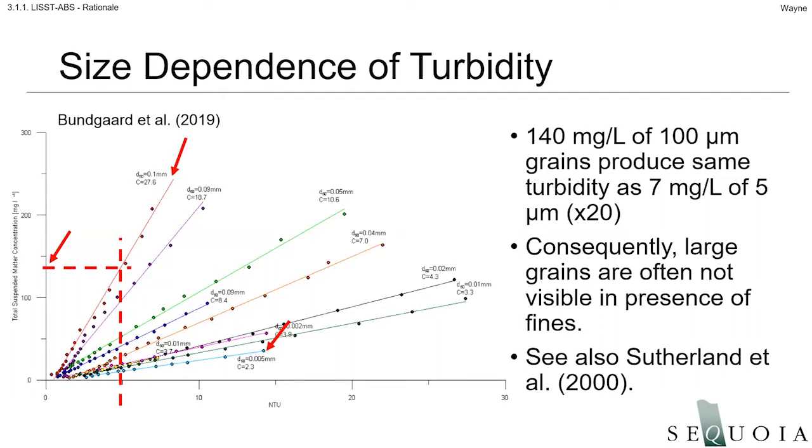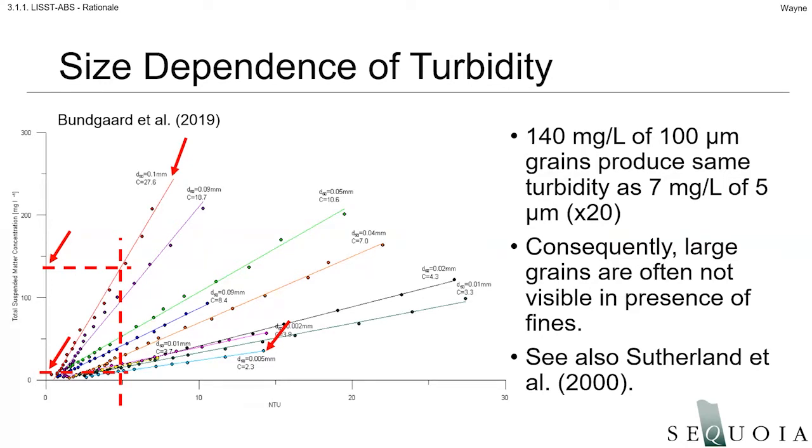If we then look over at 7 milligrams per liter on the y-axis and then go horizontally across to where that intersects the 5 micron particle line, you can see that it corresponds to 5 NTU as well, the same as the 140 milligrams per liter for the 100 micron particles. So just to pull that together without the arrows and the dashed lines, 5 NTU for 5 micron particles corresponds to 7 milligrams per liter of actual concentration.